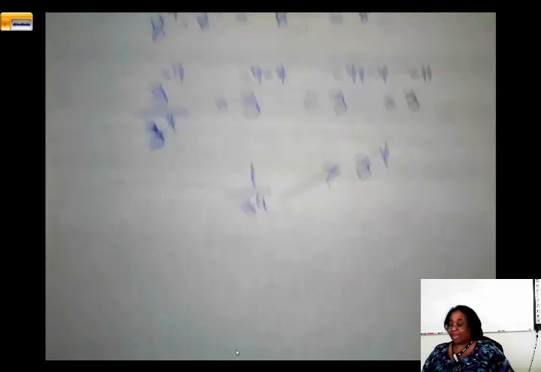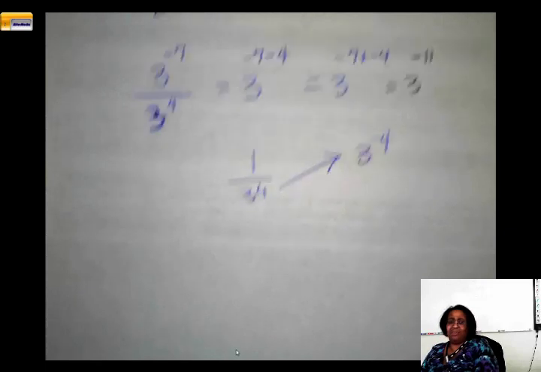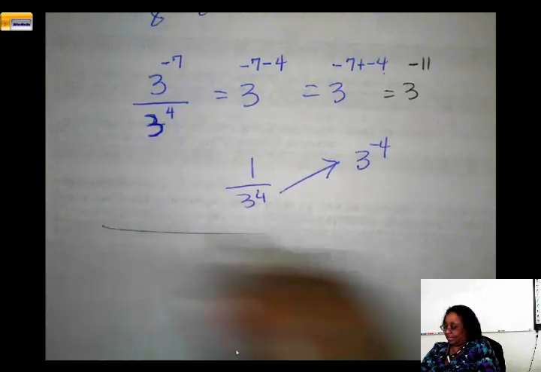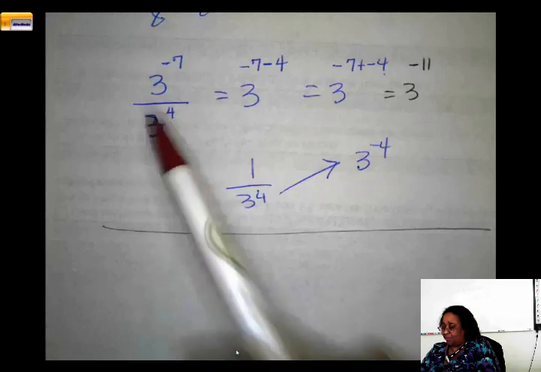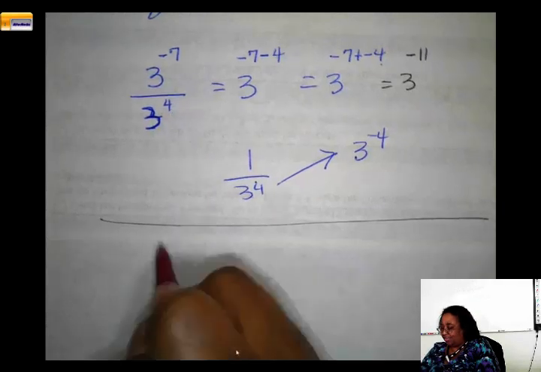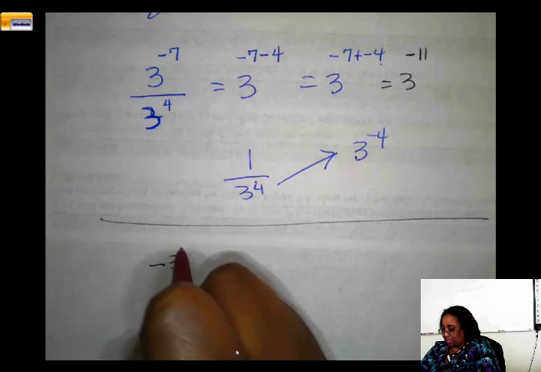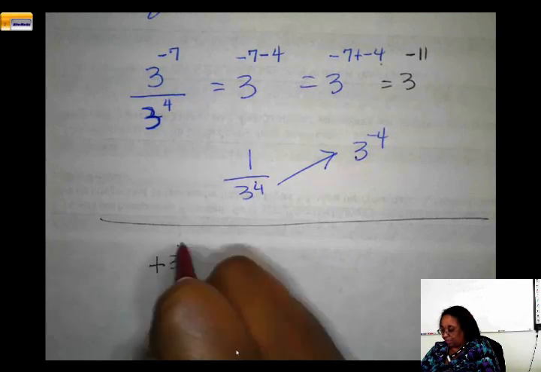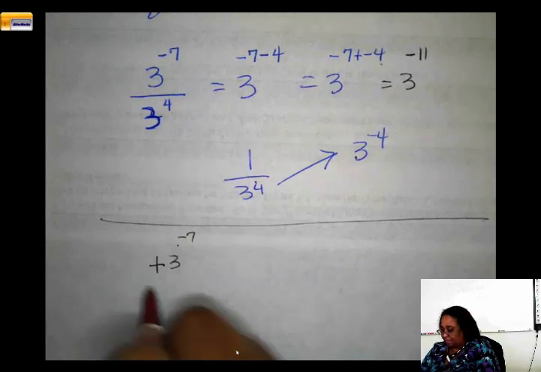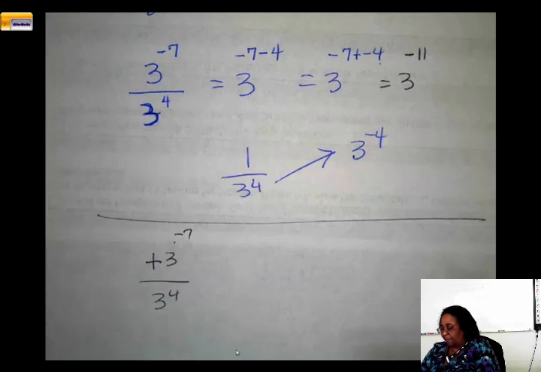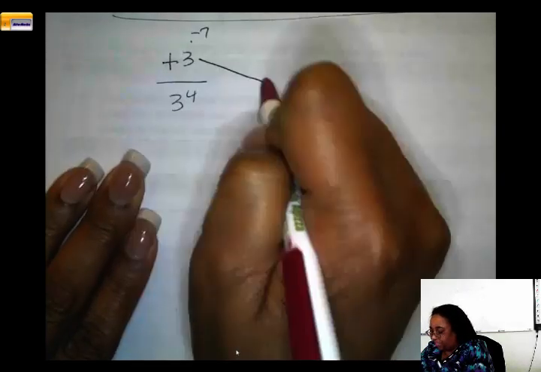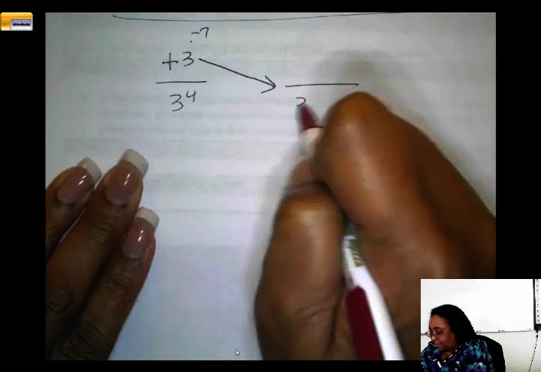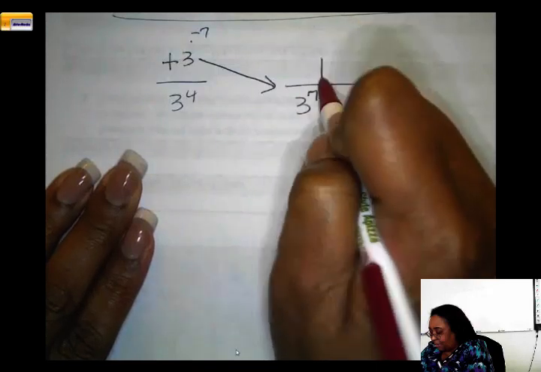Now another way I could have done that, you guys, is there's so many ways to do these, right? If you want to leave this 3 to the 4 here, another way is to simplify it initially. I know that this 3 to the negative 7 is the same as 1 over 3 to the 7 here.